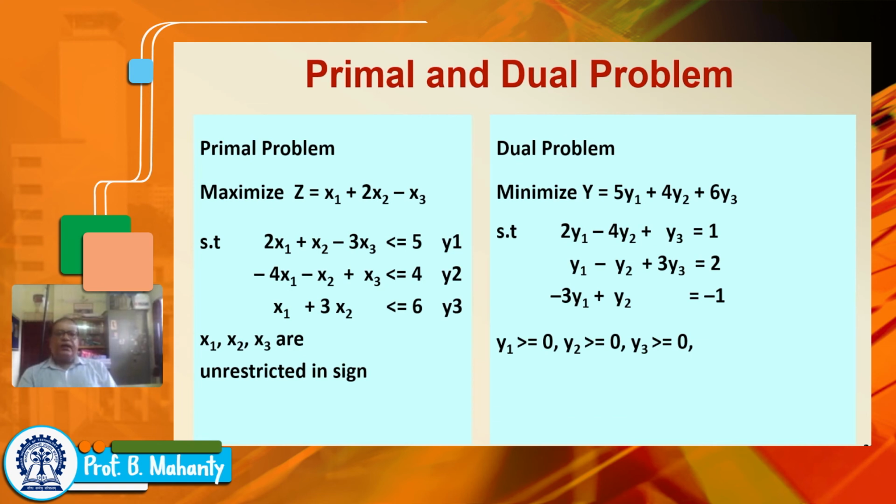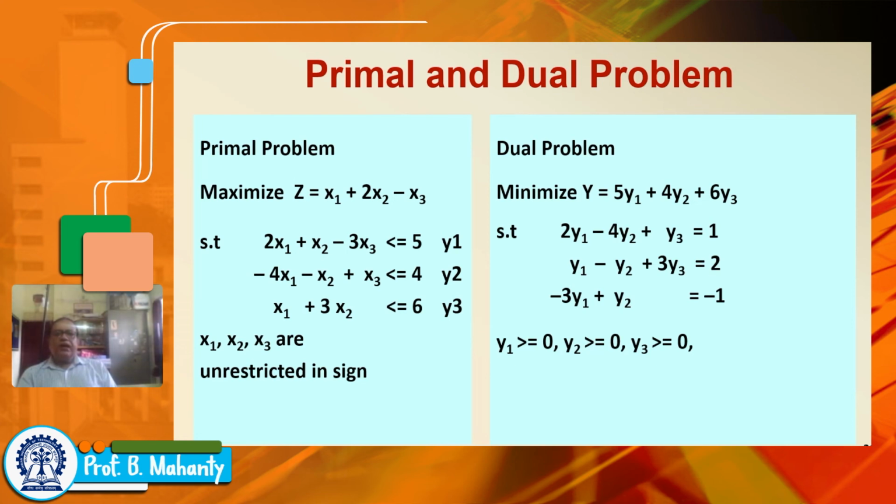x1, x2, x3 are unrestricted in sign. Therefore, if we take its dual, the dual will be like this. First of all, what should be the dual? The three dual variables are y1, y2, y3. So the objective function will be 5y1 plus 4y2 plus 6y3, and it should be a minimization problem, right? And thereafter we know that 2y1 minus 4y2 plus y3 equal to 1.